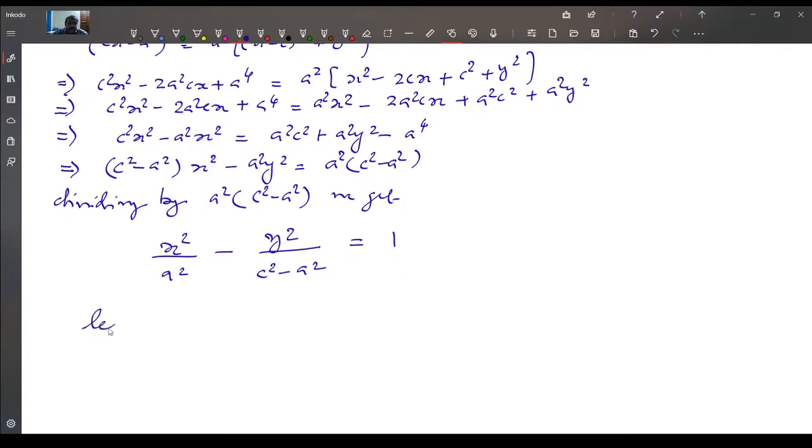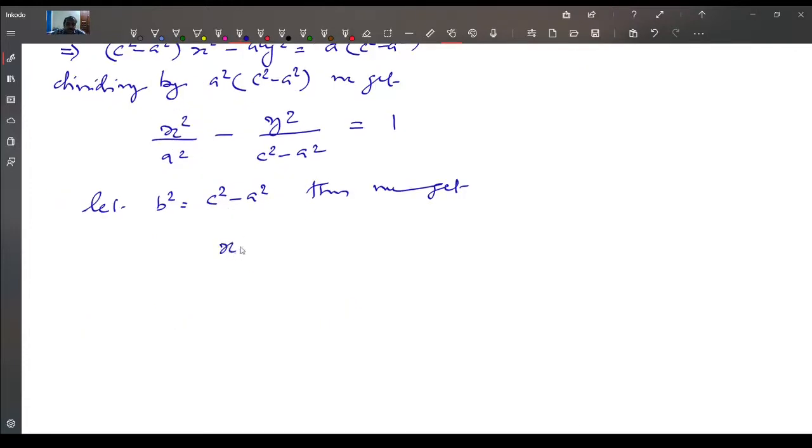So let b square is equal to c square minus a square. Then we get x square by a square minus y square by b square equal to 1. This is the standard form equation of a hyperbola with focal axis x-axis.